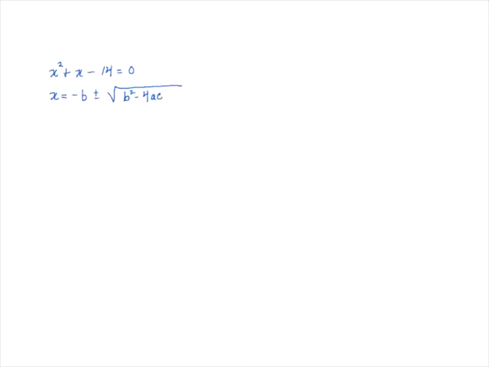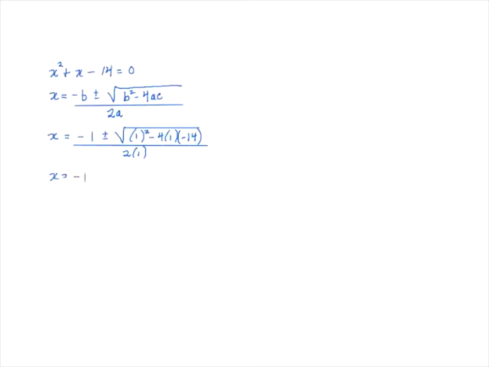So the quadratic formula is stated as follows. And we can substitute in the values of a, b, and c into the formula to determine the value of x. So we have negative 1 plus or minus the square root of 1 squared minus 4 times 1 times c, all divided by 2 times 1.